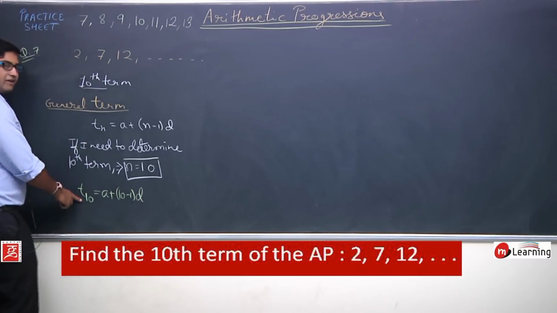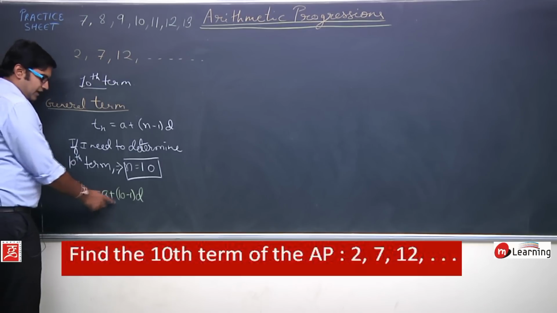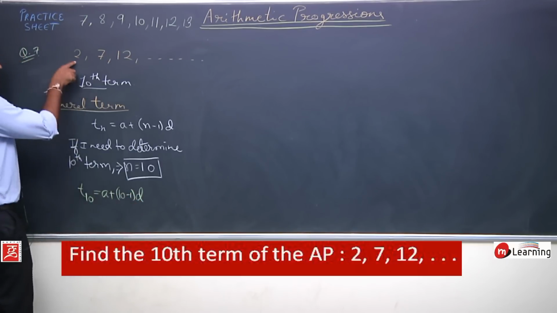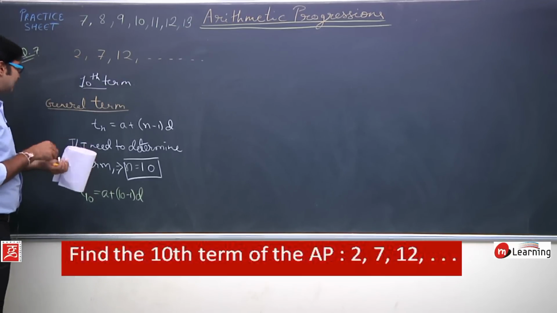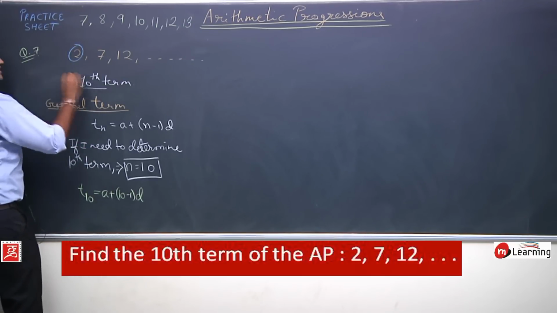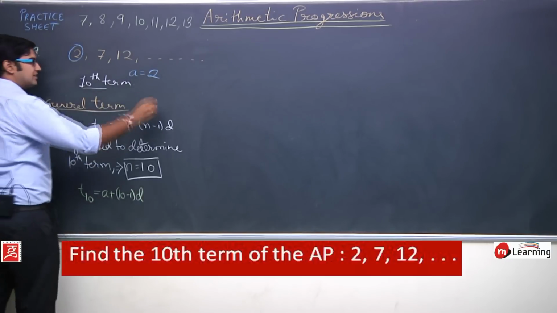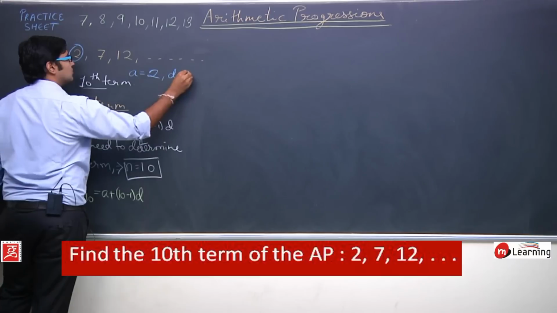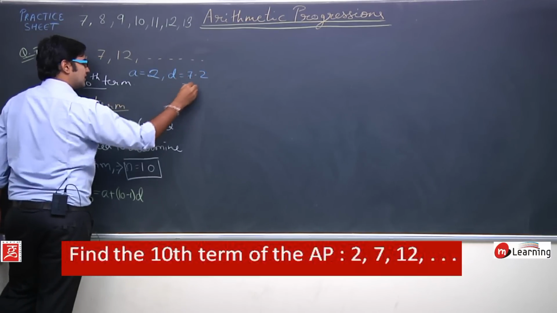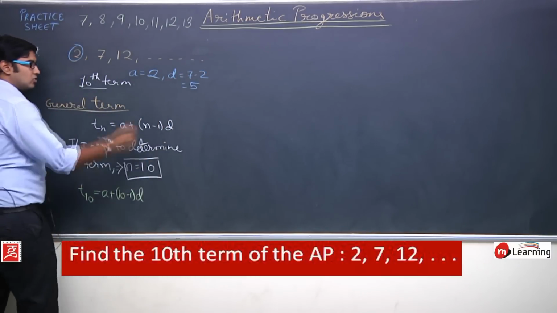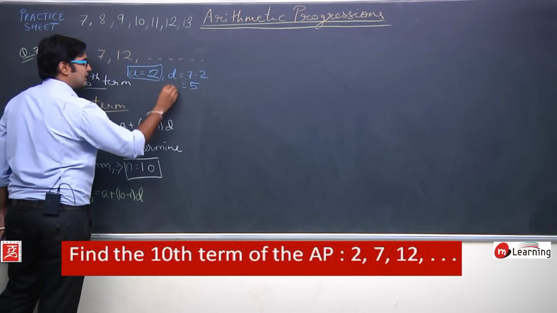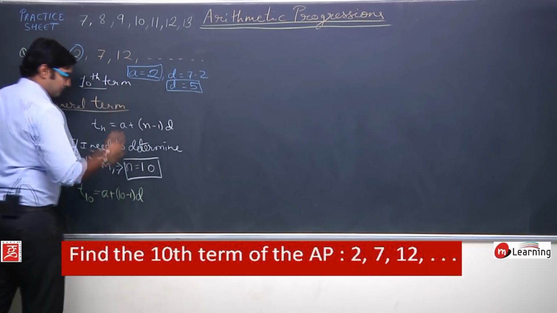Now to calculate the value of 10th term, I want A and I want D. What is A in this series? This 2 is A. So value of A is equal to 2. And what is D? D is equal to 7 minus 2, that is equal to 5. So A is equal to 2 and D is equal to 5.